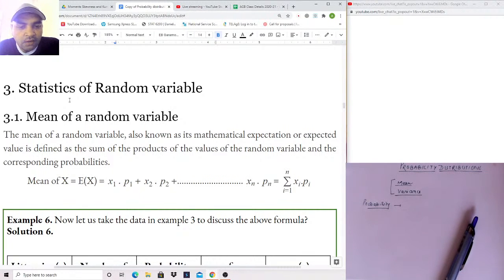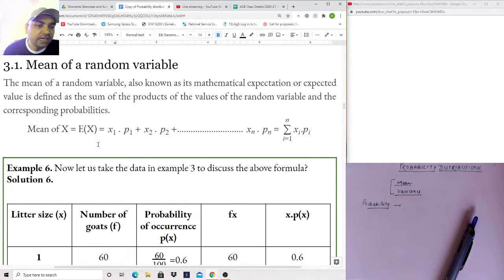Once we know that we have a random variable and the frequency of occurrence, we can calculate the probability. What I mean to explain here is that we can calculate the mean from probabilities exactly as we have calculated the mean from the frequencies, using the probabilities associated with the random variable.